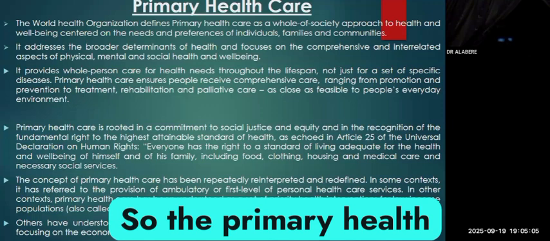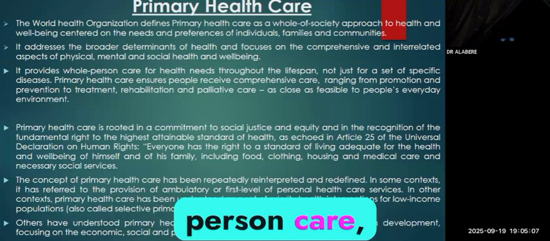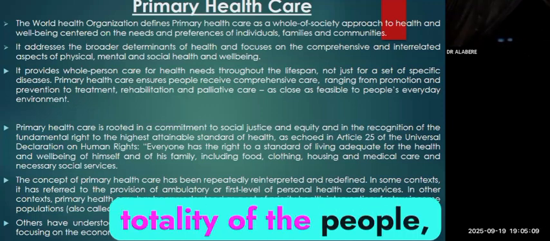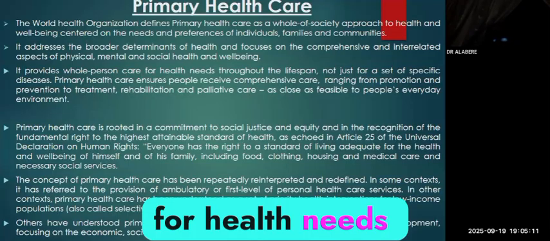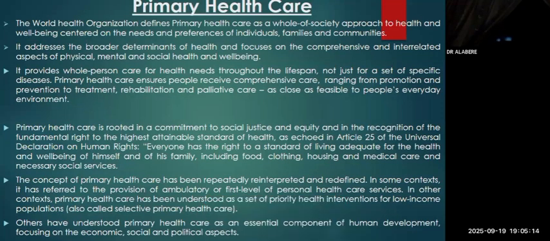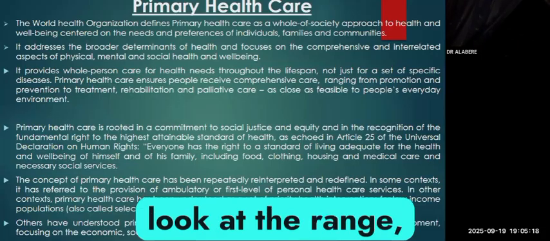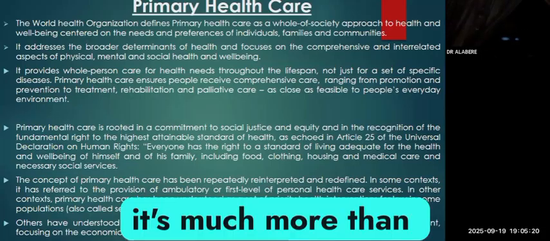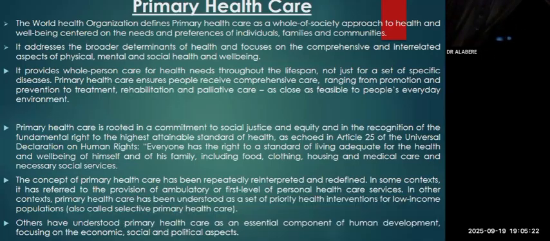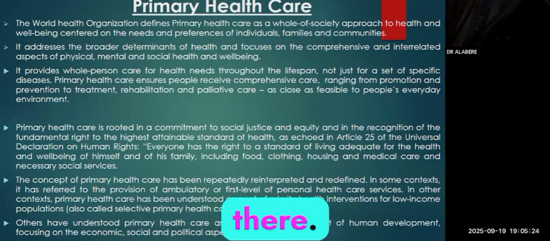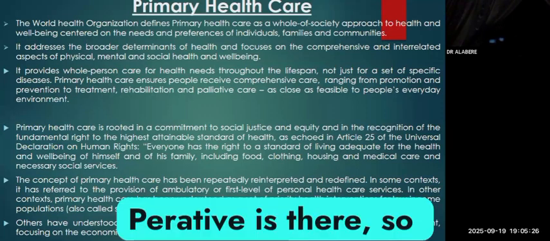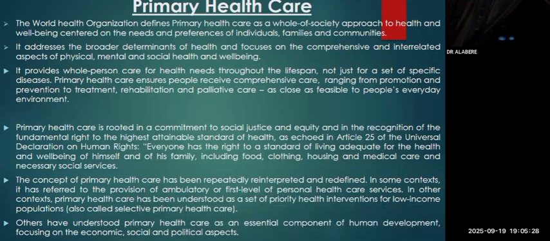So primary health care provides whole person care, in other words, the totality of people's health needs throughout their lifespan. It's not just a set of specific diseases. So that's why if you look at the range, it's much more than one disease. Promotive care is there, preventive care is there, curative is there, and so on.